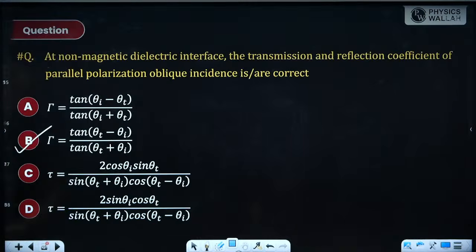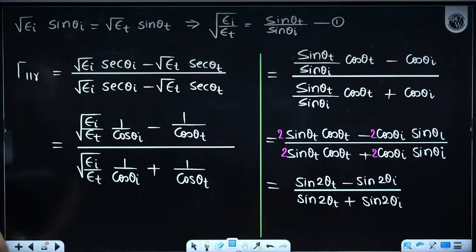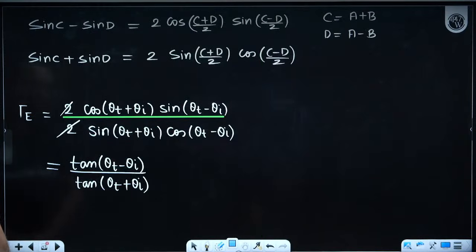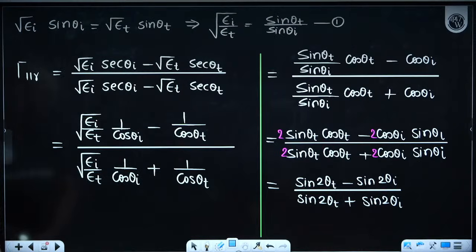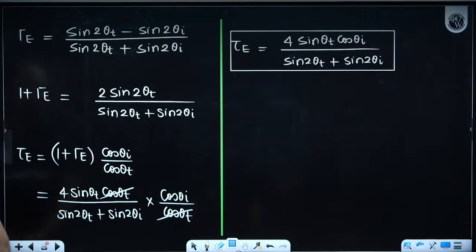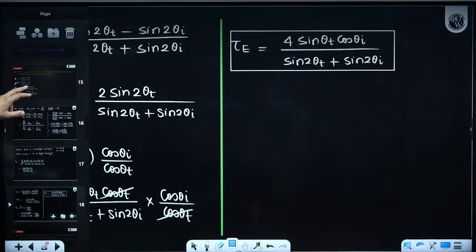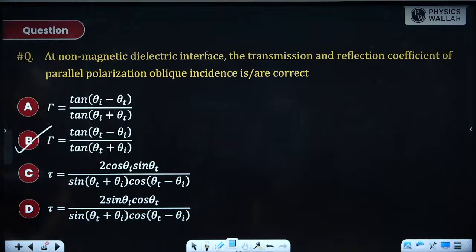So tau is 4 sin 2 theta t, 2 theta I. Okay, and the denominator will also be there.